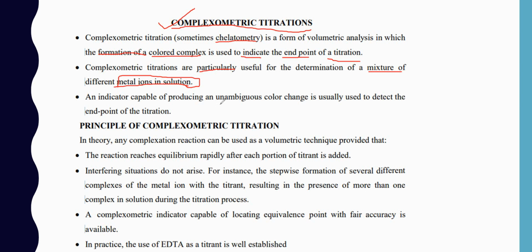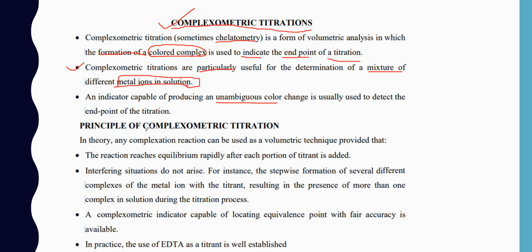An indicator capable of producing an unambiguous color change is usually used to detect the end point of the titration. So an indicator which gives a color change will help us find the end point, or a colored complex can be formed which can help us find the end point, and these are used to find a mixture of different metal ions in a solution.